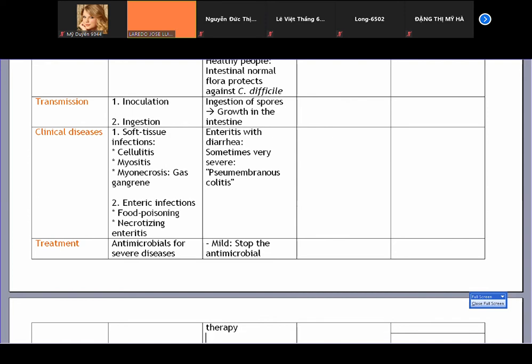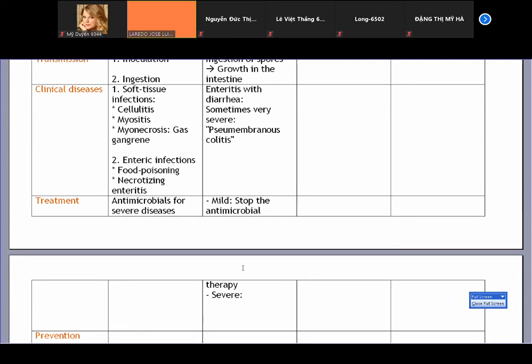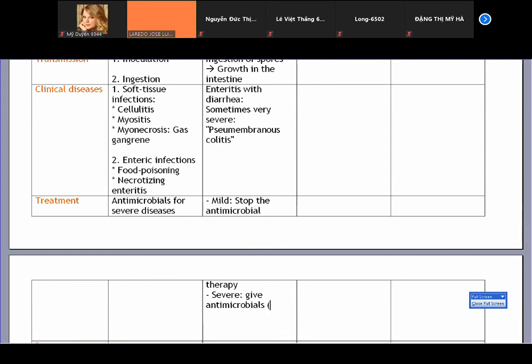However, if the patient is severe, like the case that I showed you in the clinical case, we must use antimicrobials to kill Clostridium difficile. These antimicrobials are usually metronidazole or vancomycin. But you don't have to remember the names now. I hope you study next year.